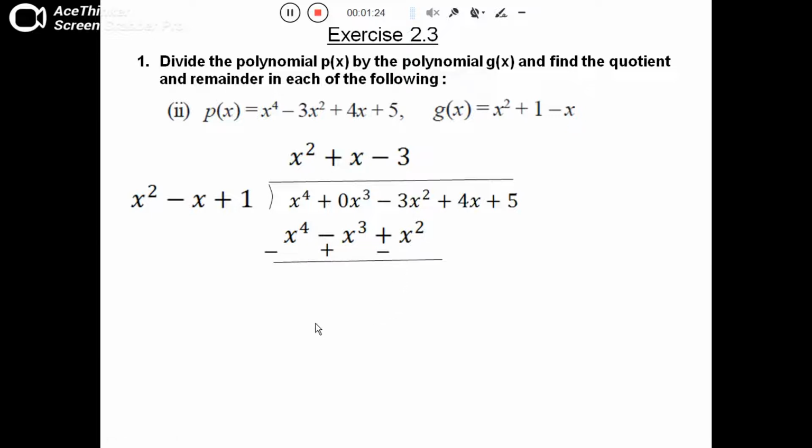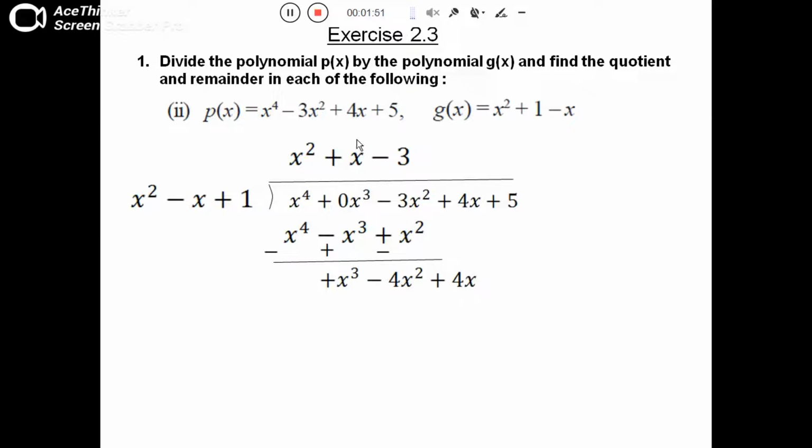Let us subtract. Now x raised 4 minus x raised 4 is cancelled. 0x cube, it is 0, and plus x cube, it means its result is plus x cube, and minus 3x square minus 1x square is equal to minus 4x square, and this 4x we have taken down here.